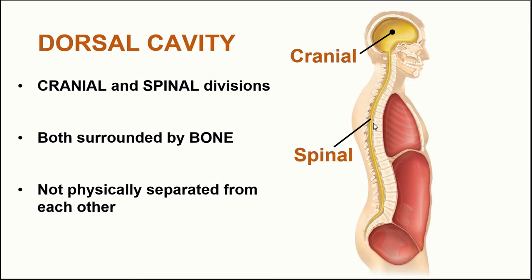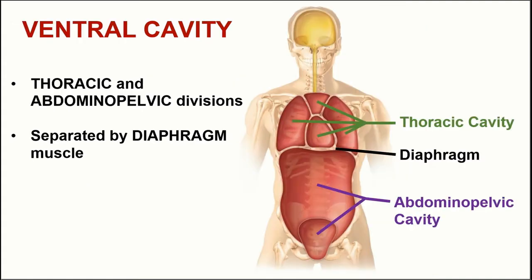So the bones of the vertebral column are linked together like a chain, where the cranial bones are almost fused together. In any case, the dorsal body cavity's divisions are completely surrounded by bone. Even though we make an anatomical distinction between these 2 cavities, these 2 cavities are not physically separated from one another. That is, the cranial cavity is continuous with the spinal cavity here.